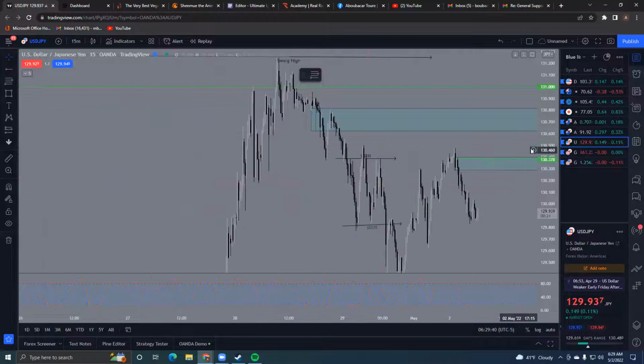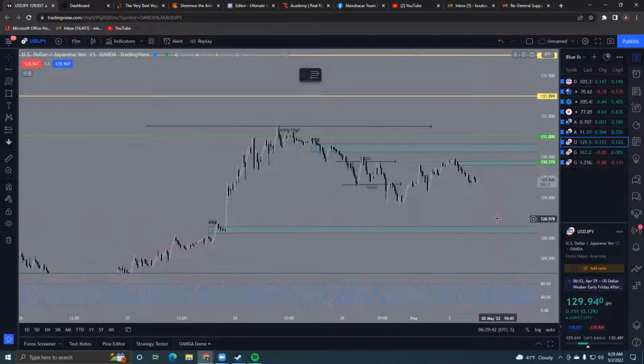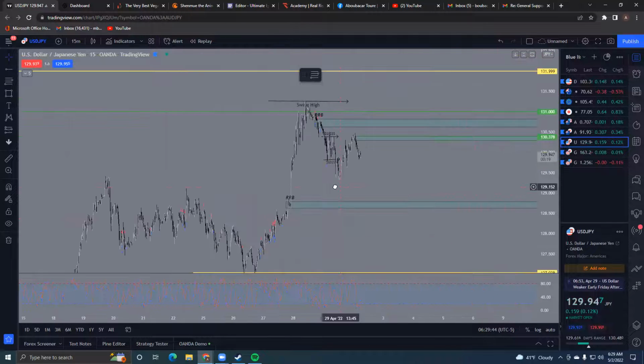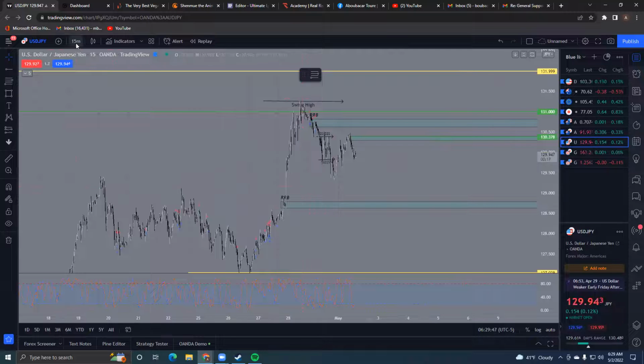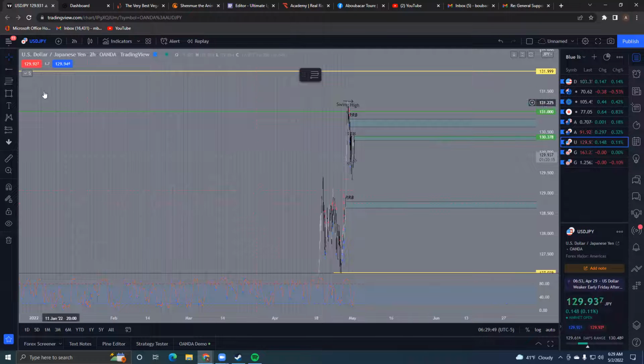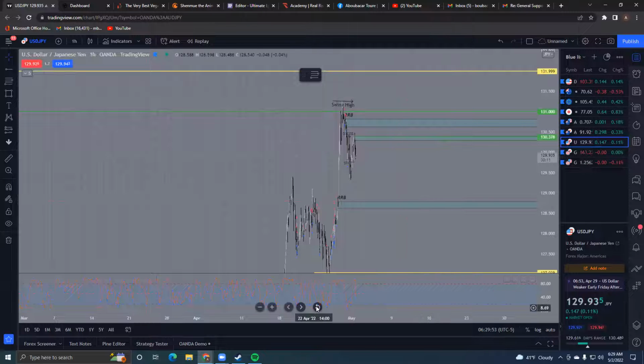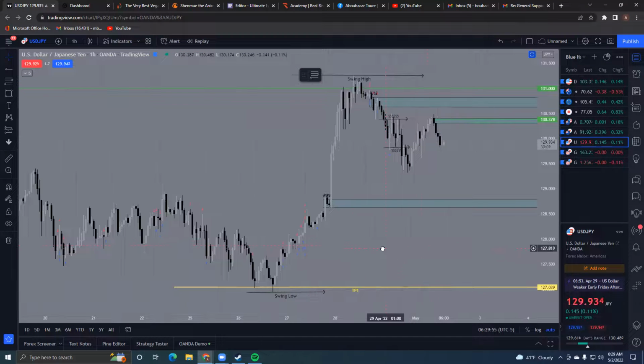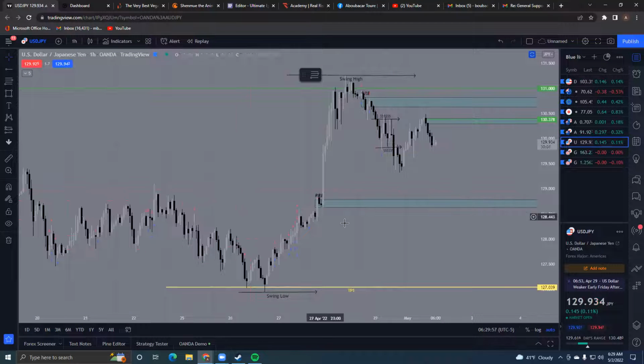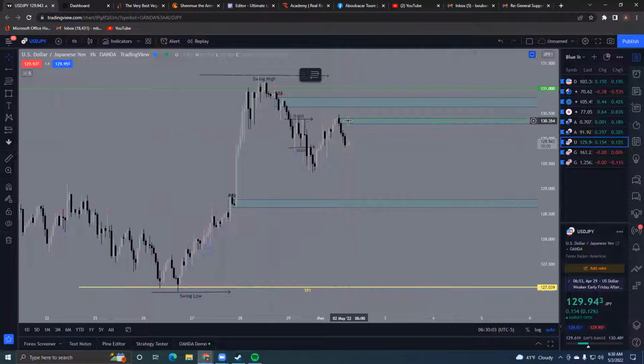And also, hold on a second here. I do want to mark one more thing I almost forgot to do. So this is our swing low, this is our swing high. We have a new point of interest here where we should see a new price reaction to continue selling down.